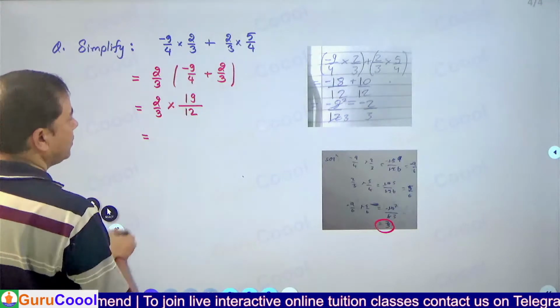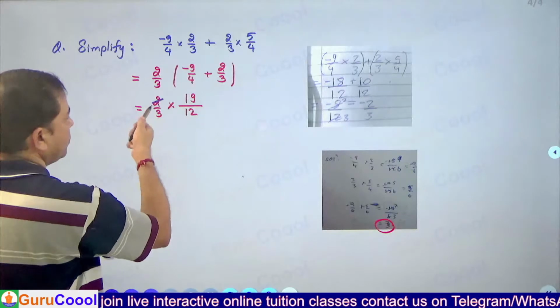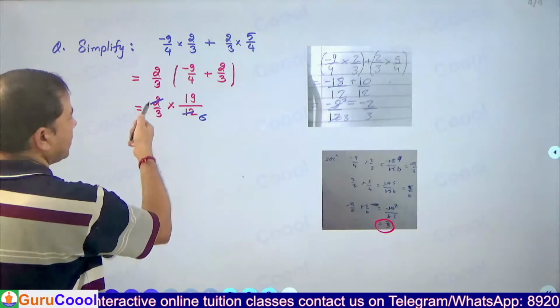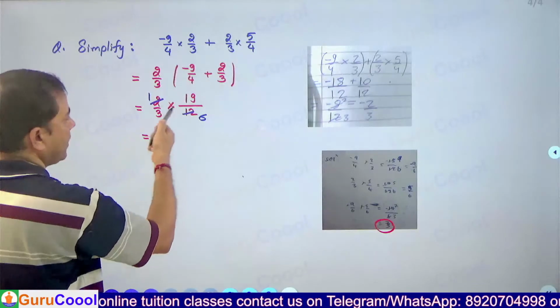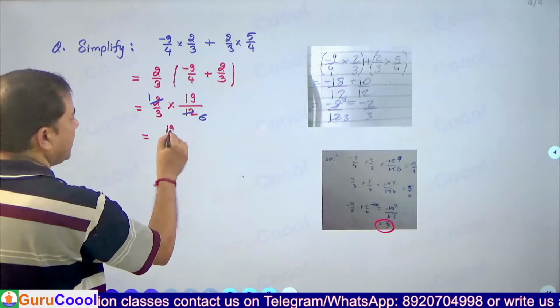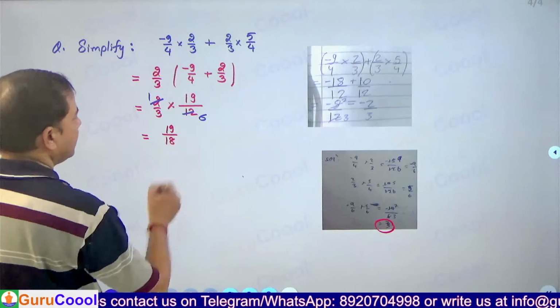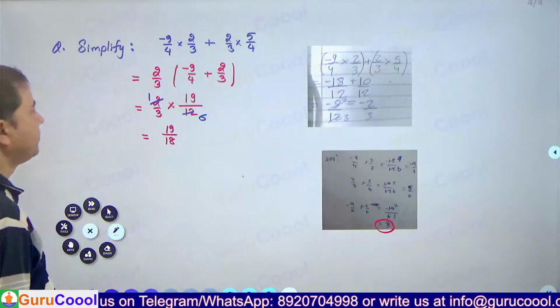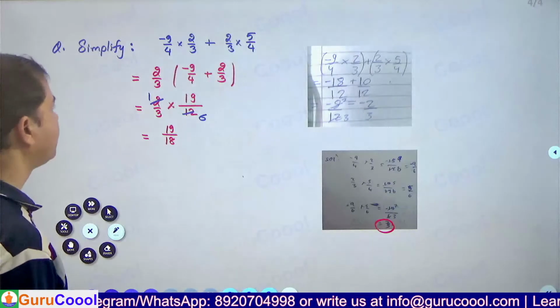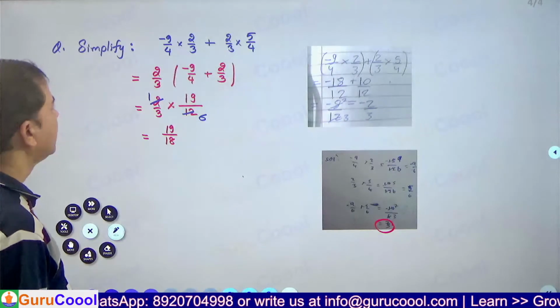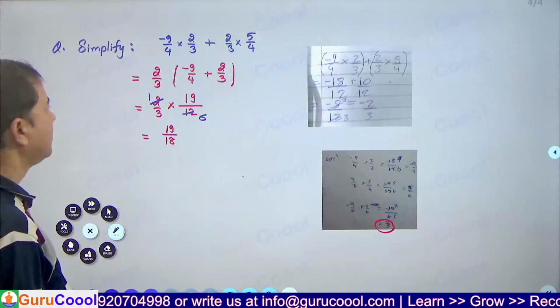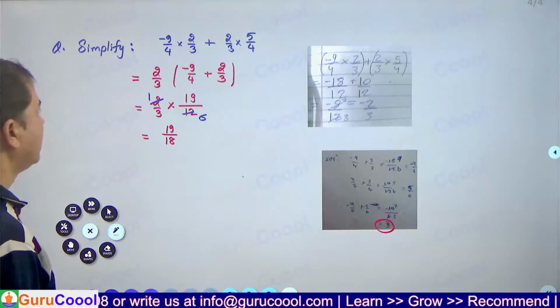Now you cancel out. So 2 6s are 12, 2 1s are 2 here. Done. 19 in the numerator by 18 in the denominator. Is that okay? Okay, sir.